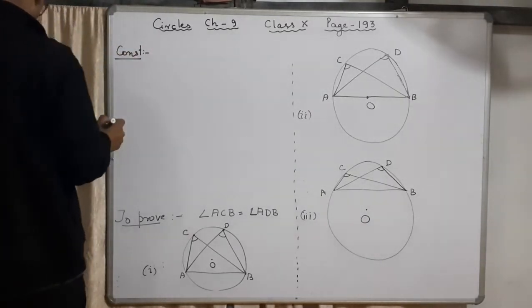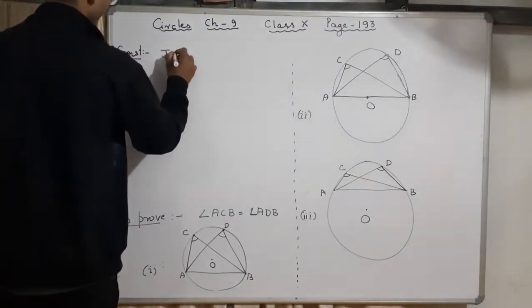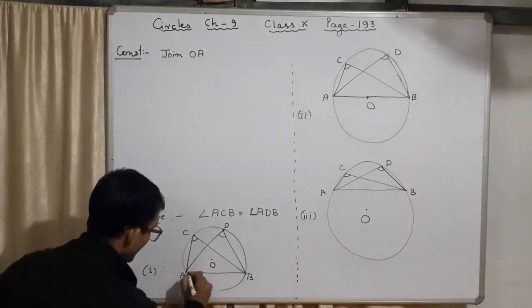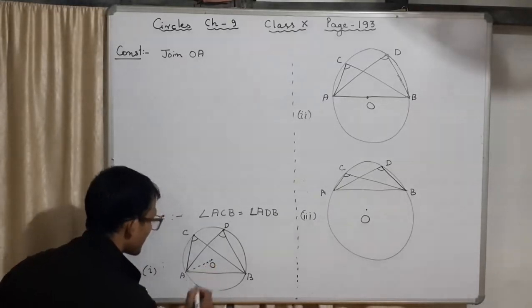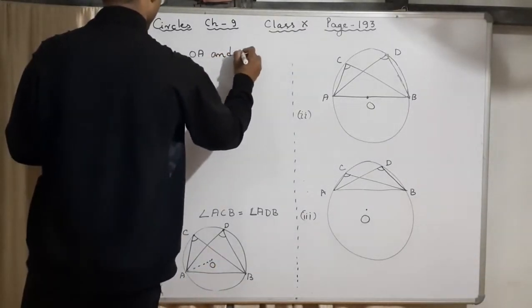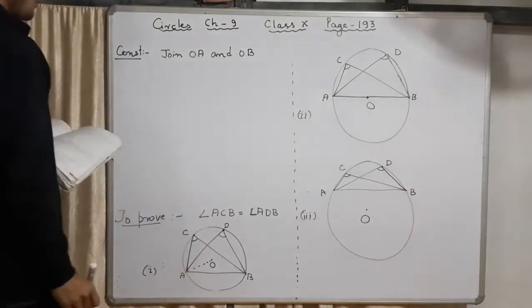Construction says that join OA, okay, we join OA, and OB in all the three diagrams.